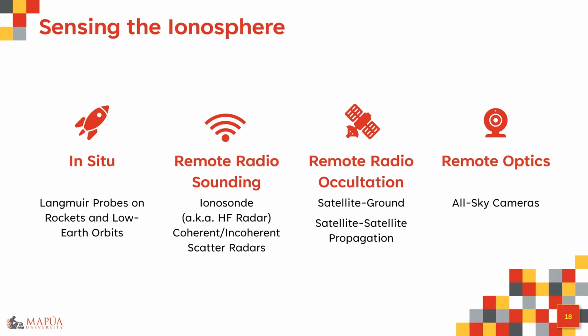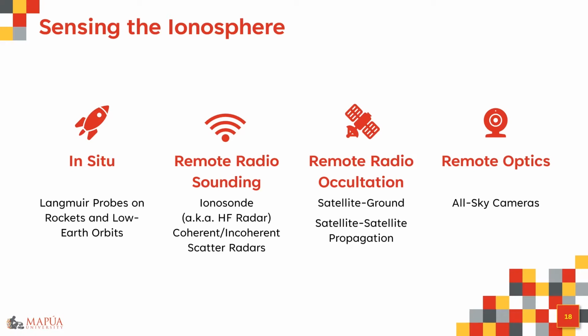All sky cameras are usually used to observe the ionosphere, most specifically transient variations such as medium scale traveling ionospheric disturbances and all sorts of those things.